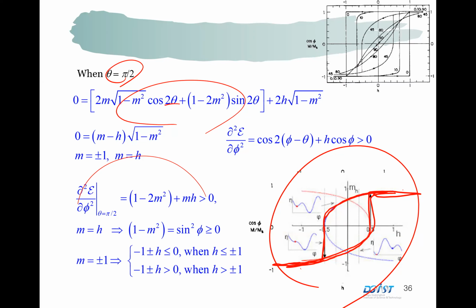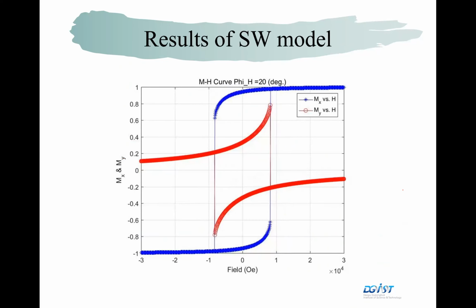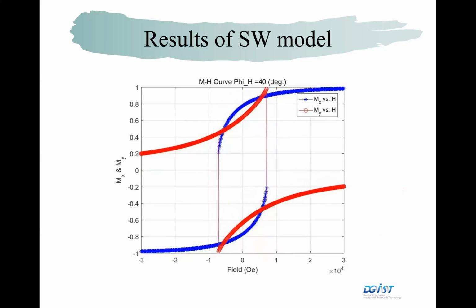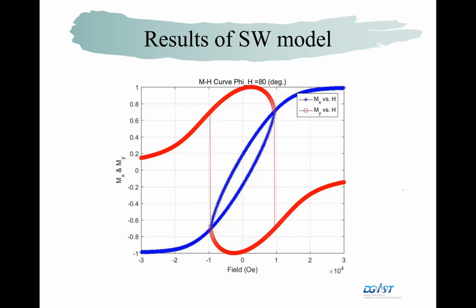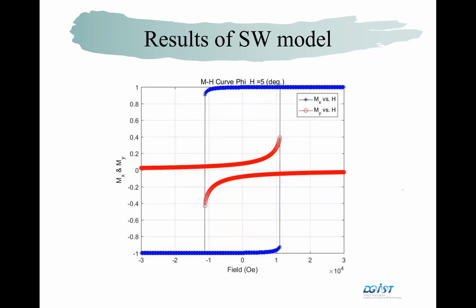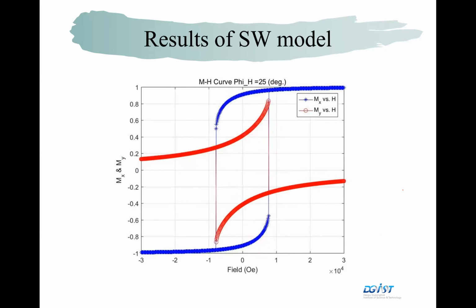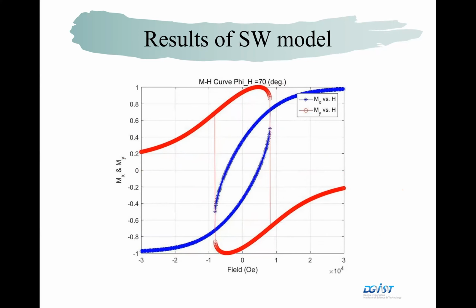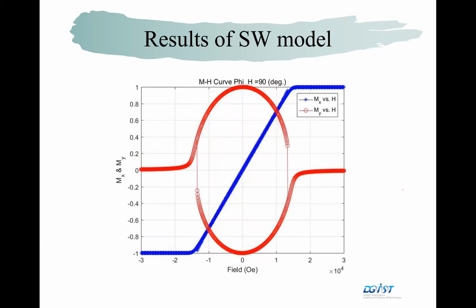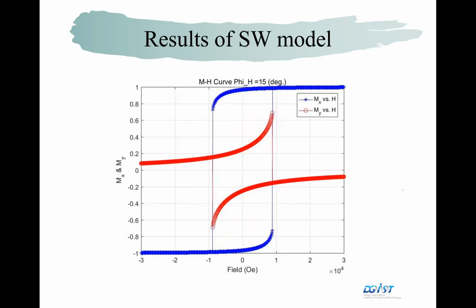Okay, so this animation is my calculation result. You don't need to pay attention to the red one, just focus on the blue one. So we are starting with the angle from 0 to 90 degrees. It's repeated.